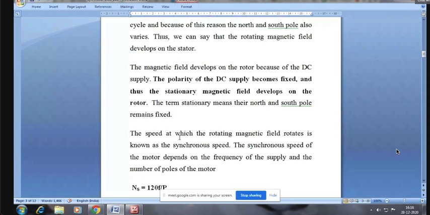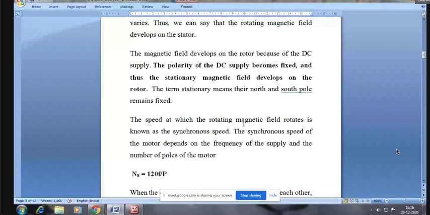Yes, sir. The speed at which the rotating magnetic field, that is the stator magnetic field, rotates is known as synchronous speed. So what we understand is the stator magnetic field is a rotating one, and the speed at which it rotates is called synchronous speed.